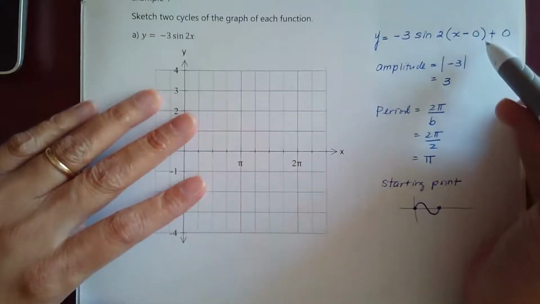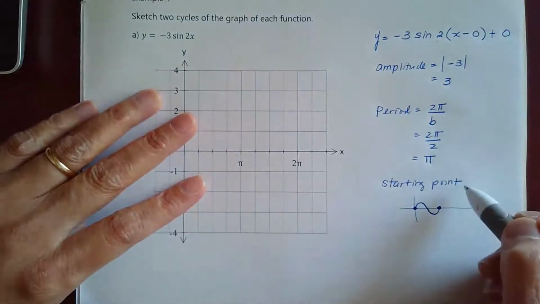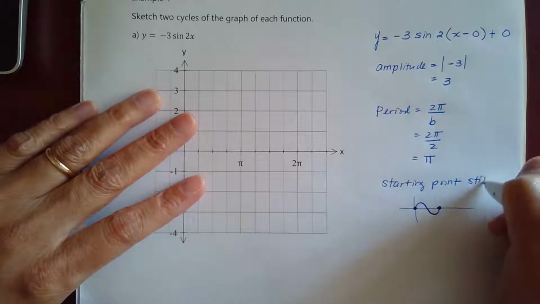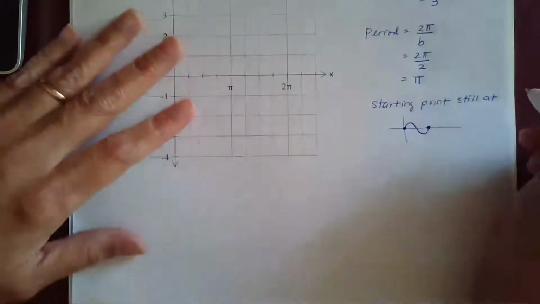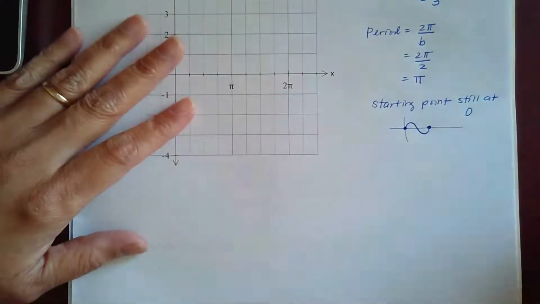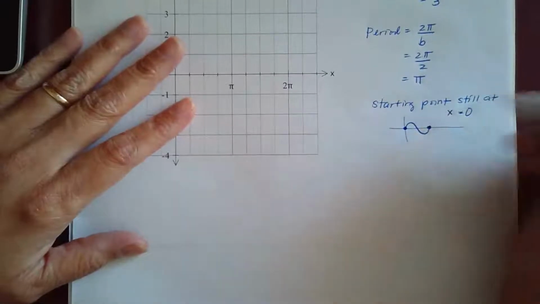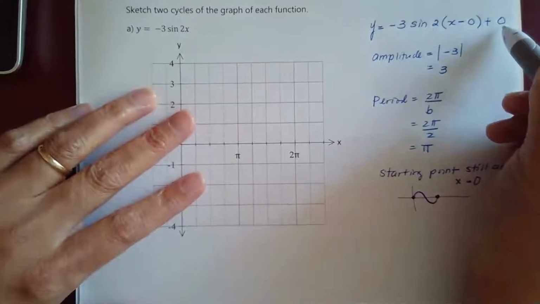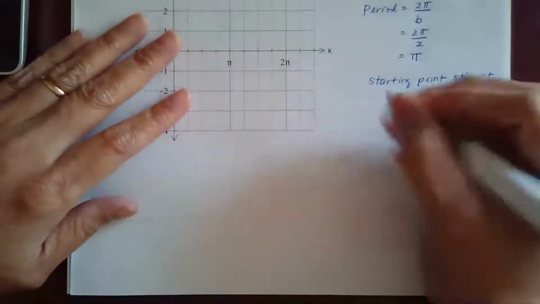There is no shifting, so our starting point will still stay at 0, 0. x equals 0. And here, d is equal to 0, and c is equal to 0.